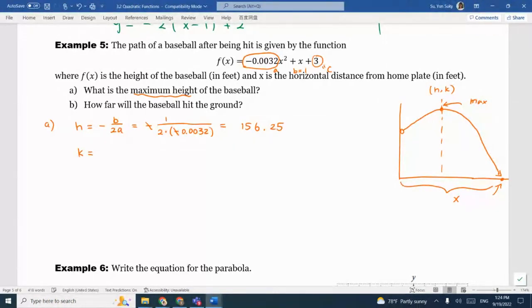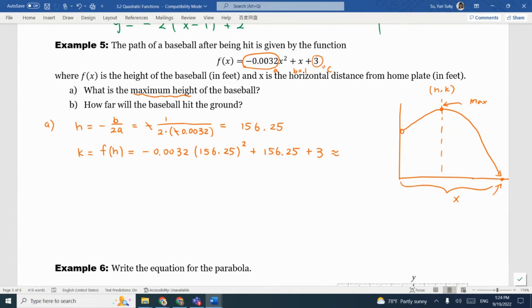Now, k. k is f of h. So that means whenever you see x in the expression, you replace it by 156.25. So we have negative 0.0032 times 156.25 squared, plus 156.25, and then plus 3.